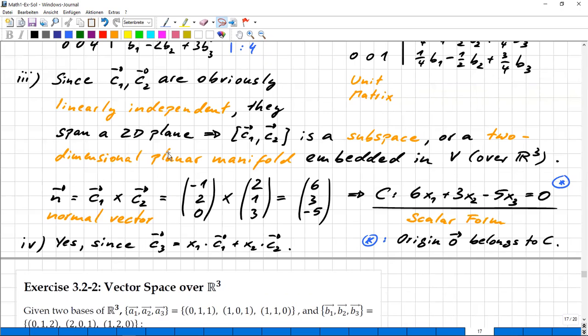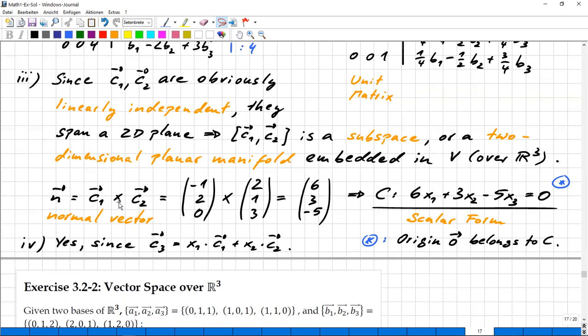But now, rather simply, we can remember from school that since these two vectors are obviously contained in their own plane, which they span, they are also well fitted to be used as direction vectors, as vectors along this plane. And you know what you can do? This is quite easy.